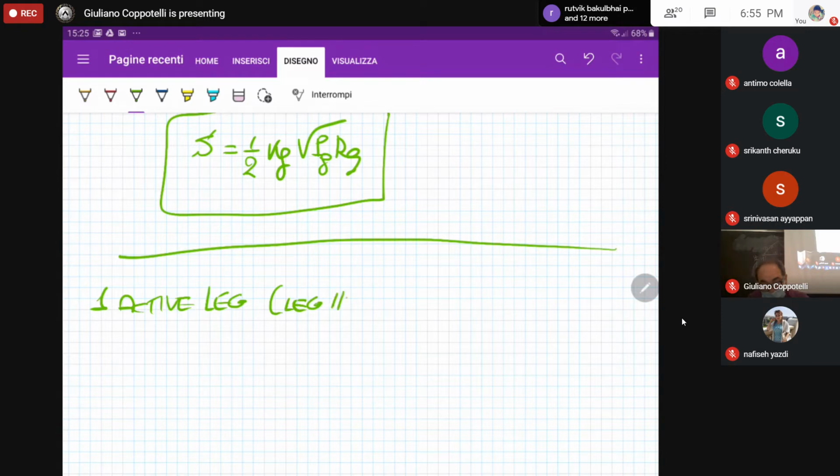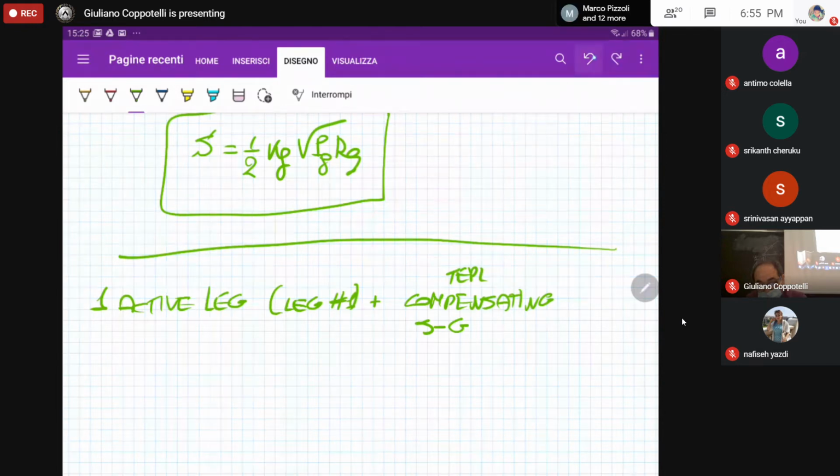Leg number 1 plus compensating strain gauge, temperature compensating strain gauge. Leg number 4, the same strain gauge as before.